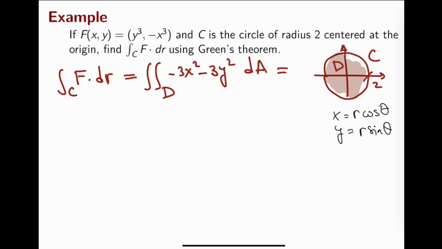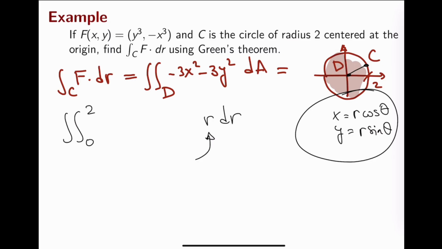So then this integral is going to be equal to the integral where the variation of r will be from 0 all the way to 2, right? So that will be from 0 to 2, r dr. This is the r belonging to the change to polar coordinates.